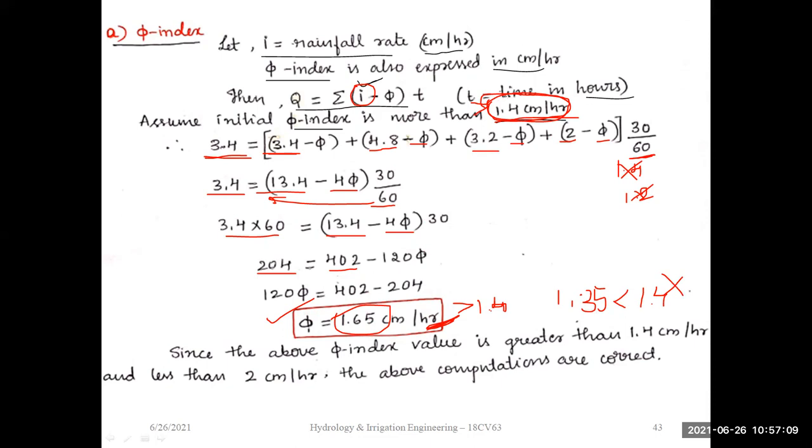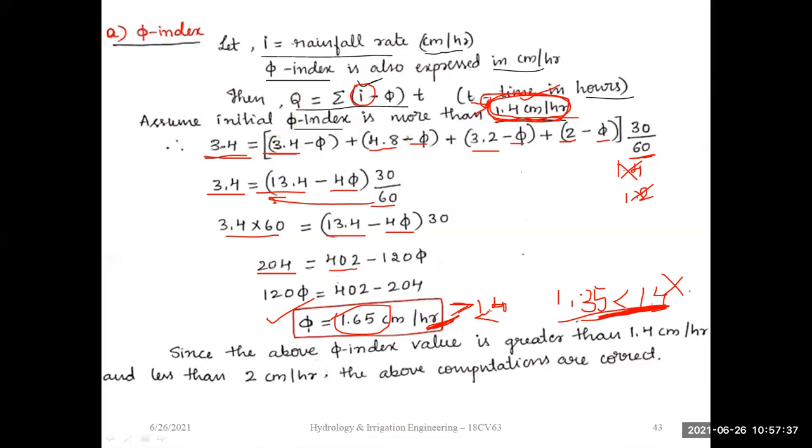Okay, so sometimes this initial value, that it is not more than 1.4, they won't mention it. At that time, you have to assume the initial value and check whether it is greater than that particular value. When this particular condition is not given in the problem, you may get an answer less than the assumed value.